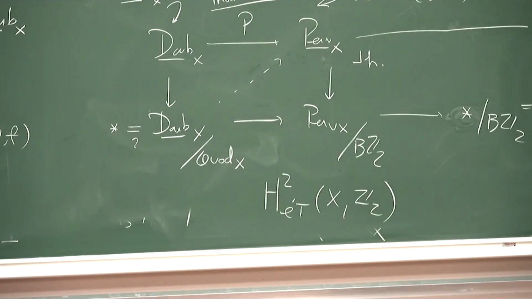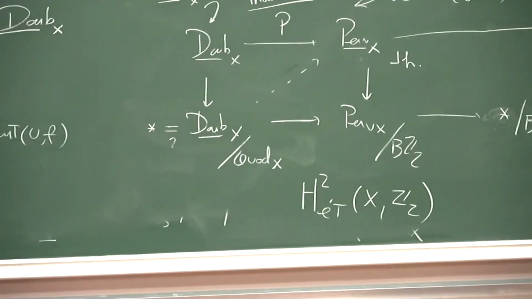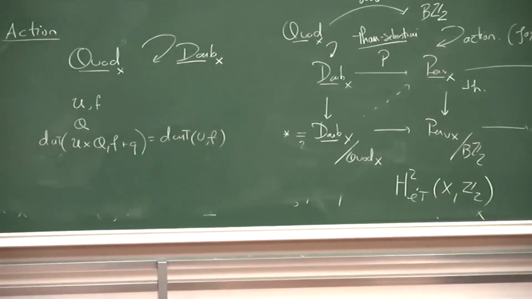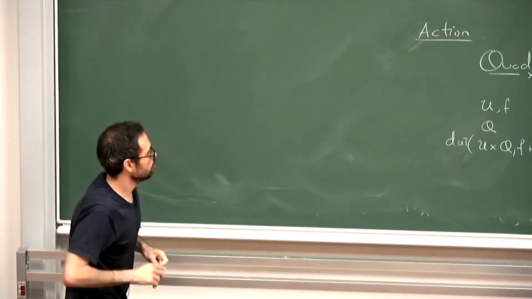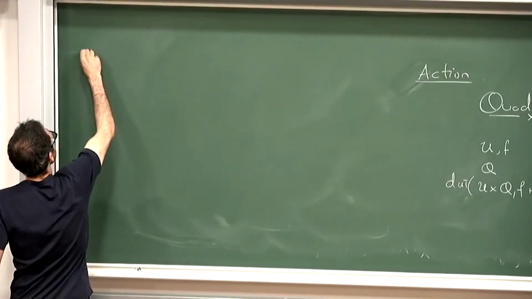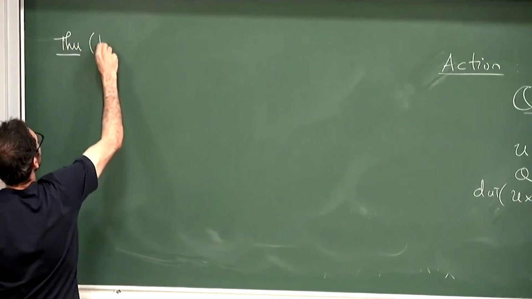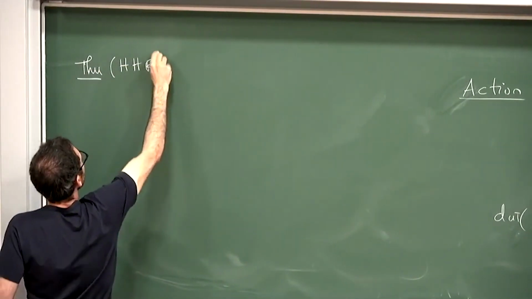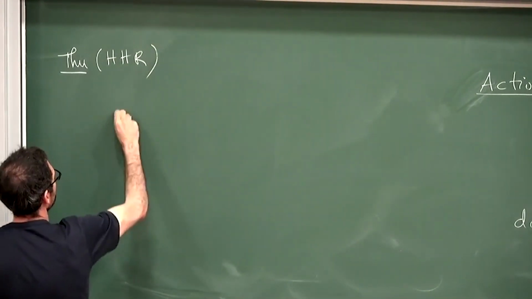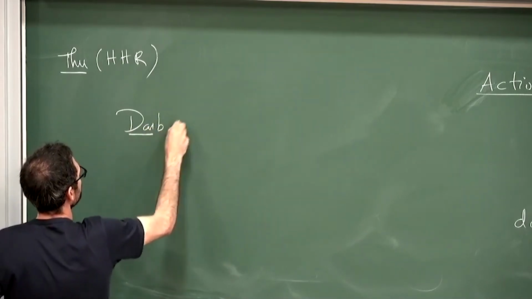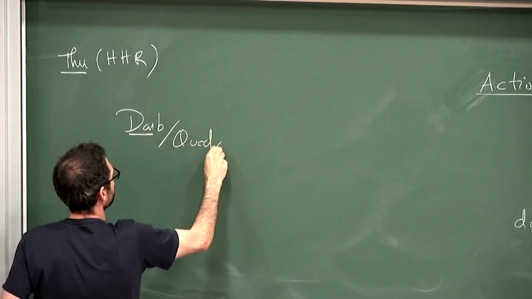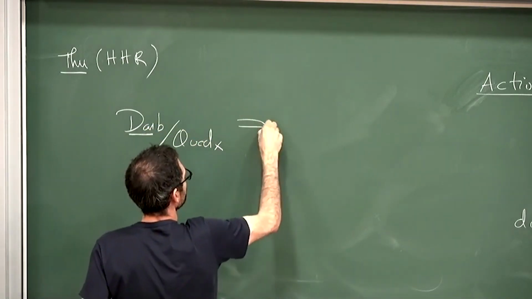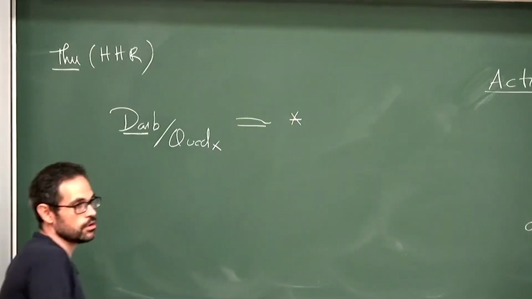So to finish the talk, let me tell you what our actual theorem is. We would like to say that if you mod out by the action of quadratic bundles, you get something contractible.